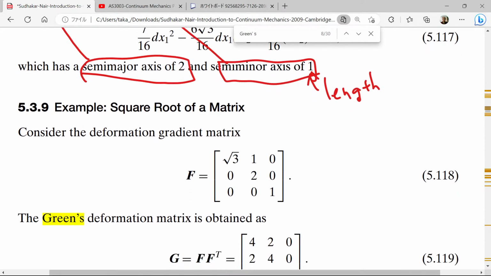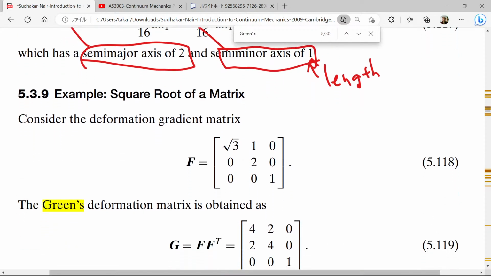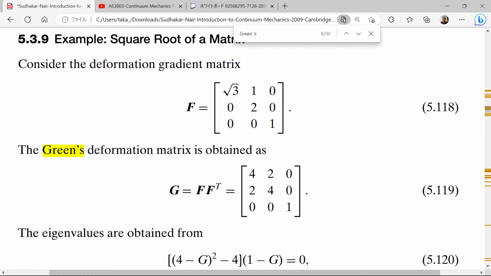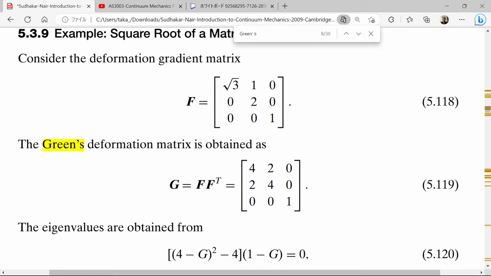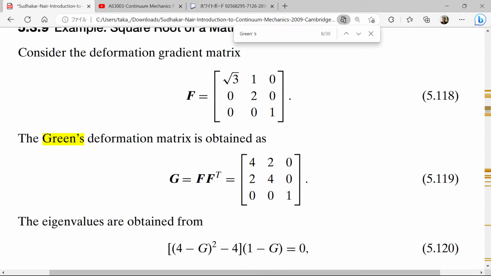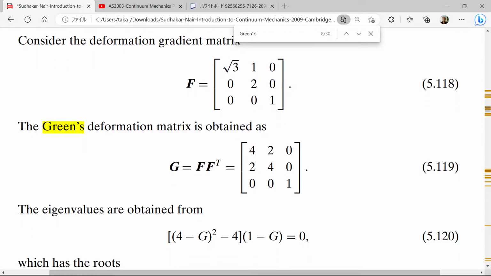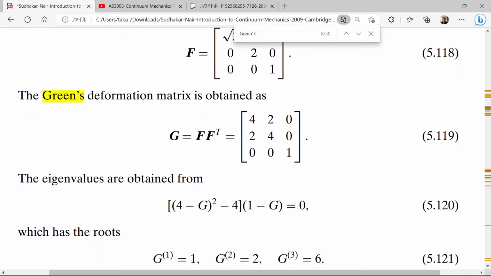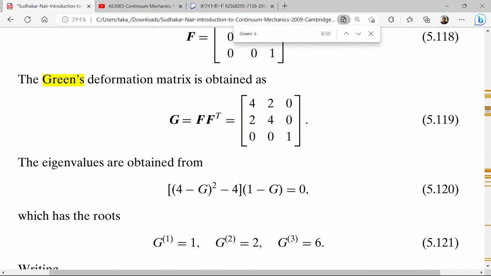7:22. Example of square root of matrix. Consider the deformation gradient matrix, something like this. The Green's deformation matrix is obtained as this, F times F transpose. The eigenvalues are obtained from this.